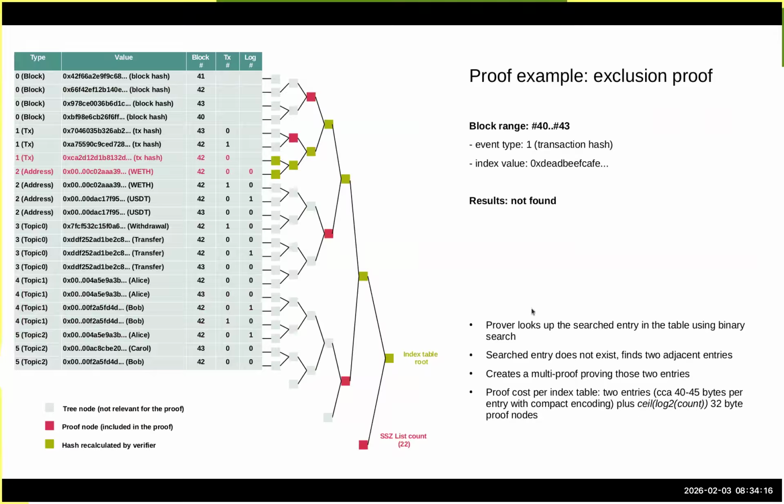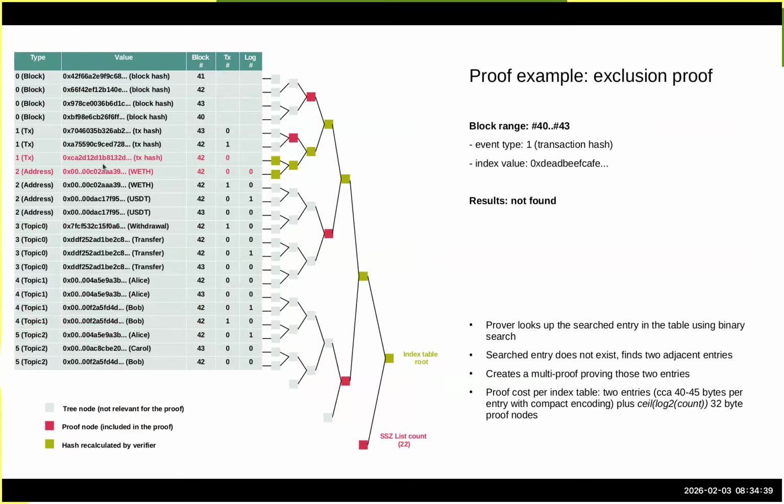For a ballpark estimate, it's usually a good benchmark to think about a single exclusion proof per table. Obviously more complex searches will be a few times that, but this can be our baseline estimate.